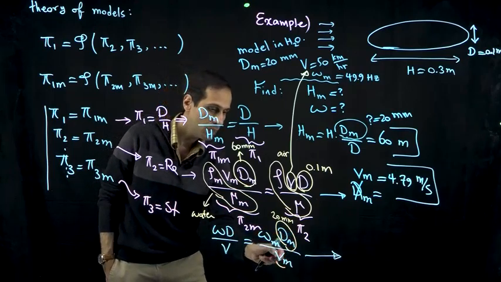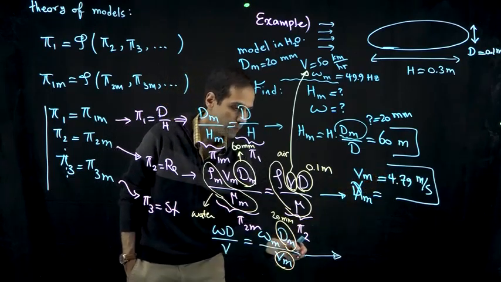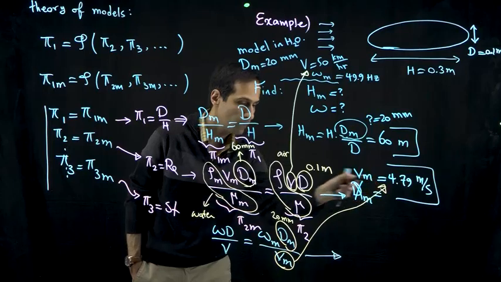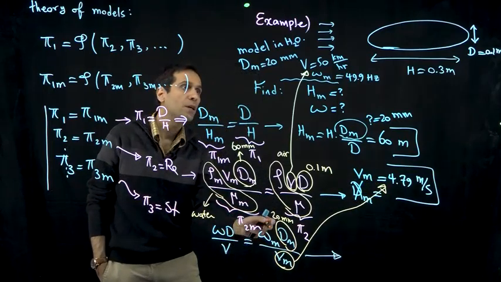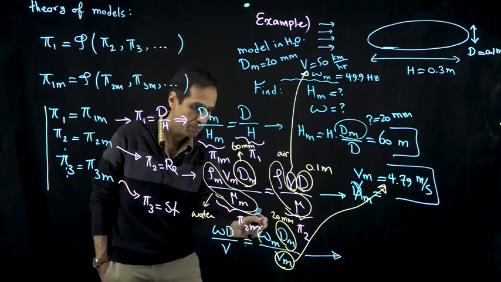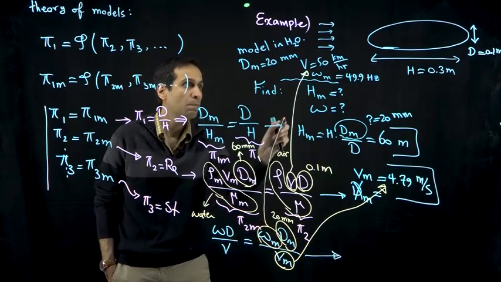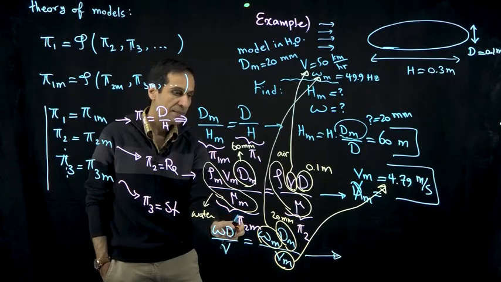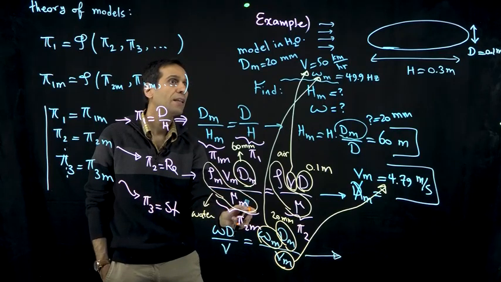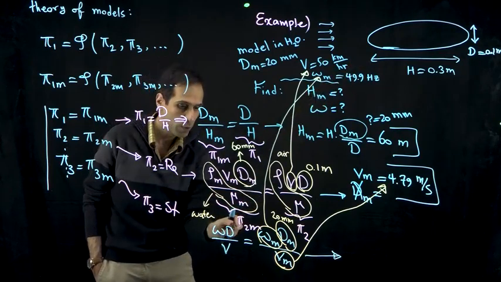V model, I have just found it. Omega of the model is given. D is the real d value, which is 0.1.